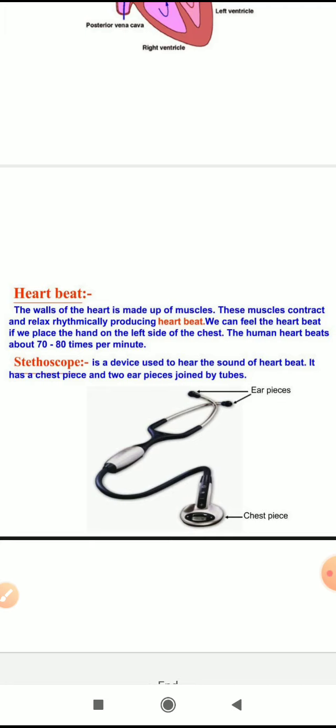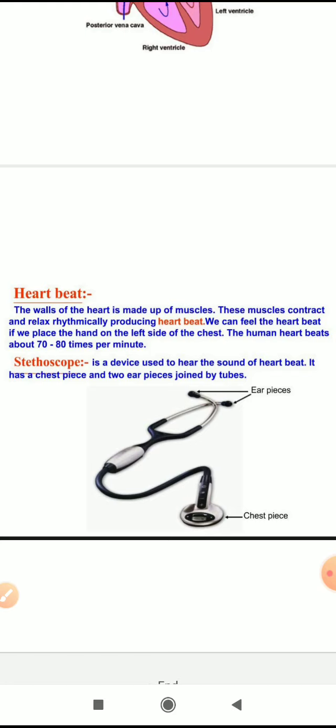Okay. Now there is one device that is called stethoscope. This device is used to hear the sound of heartbeat. It has a chest piece and two ear pieces joined by a tube.